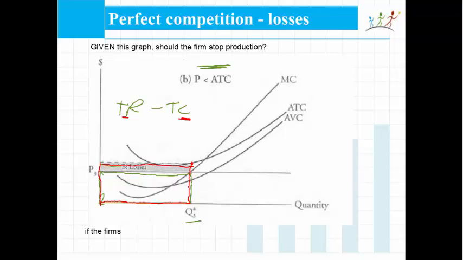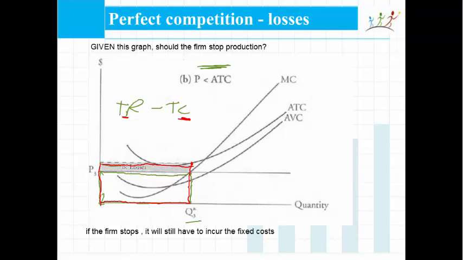If the firm stops, it will still have to incur the fixed costs. Whether I produce or I don't produce, the fixed costs still need to be incurred. So let's see what is the total fixed cost that the firm is incurring.